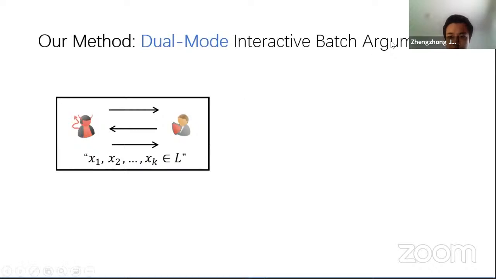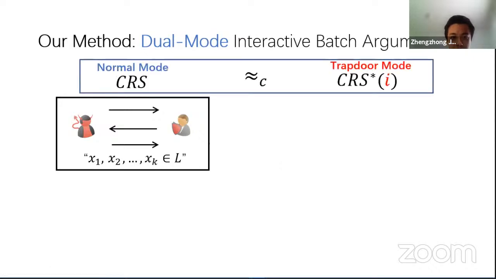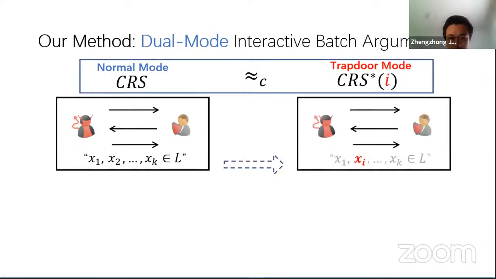So to deal with this issue, our method is to start with some dual-mode interactive batch argument. Such an interactive protocol is in the CRS model, and the CRS has two indistinguishable modes. So in the trapdoor mode, the CRS is associated with some indices I, and the protocol becomes statistically sound for the indices in the trapdoor mode.